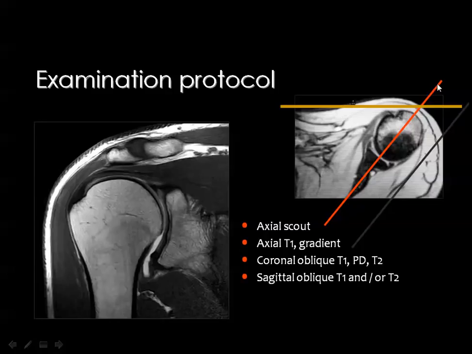Then you get the axis of the ice cream cone, and you cut parallel to this axis from anterior to posterior or from posterior to anterior. Then you get the coronal images in an oblique way, which will show nicely the anatomy and the pathology.